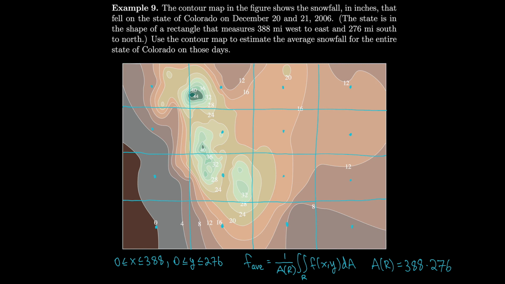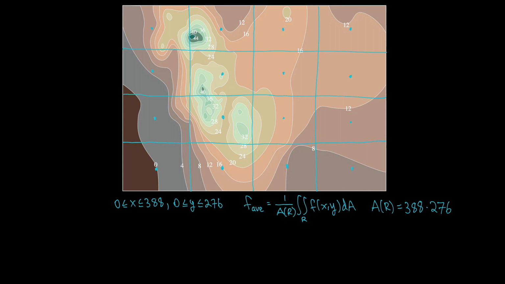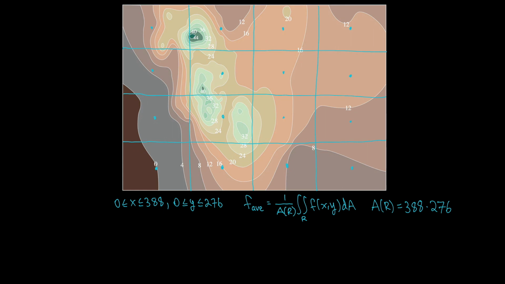Okay, now that I've got all that drawn out, how about I get the area of each of these subrectangles? So notice that delta A is 1/16 because I did 16 equal size rectangles of the entire rectangle area AR, so that's 388 times 276, which is 6693 square miles.